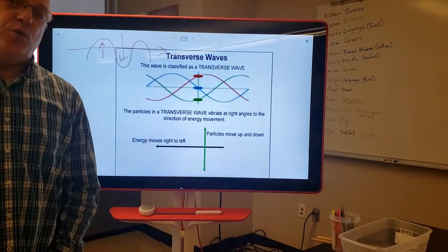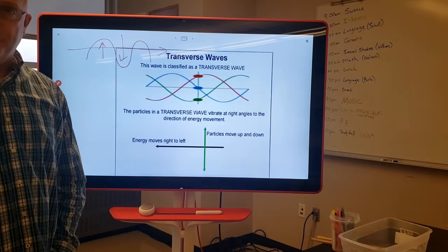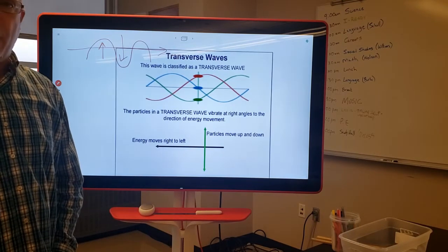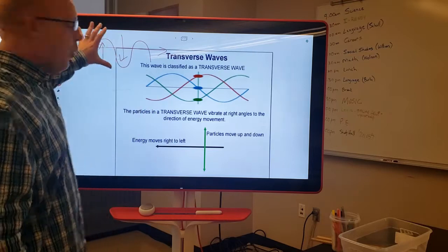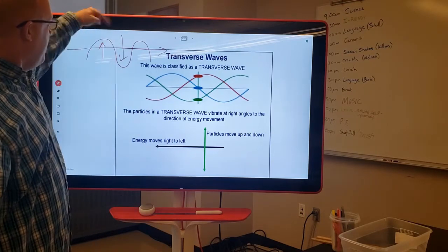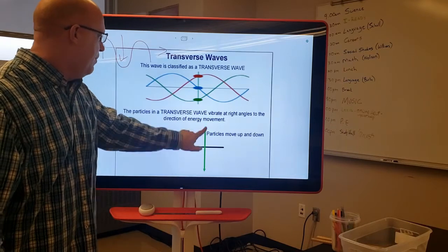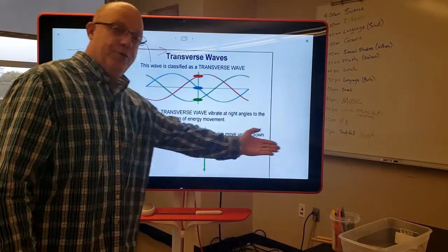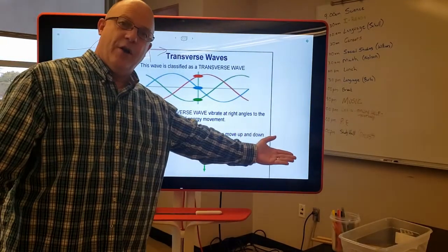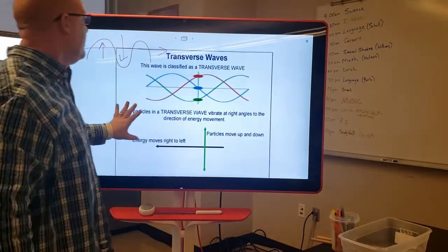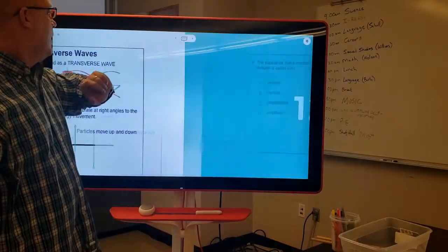That's a transverse wave. The other wave moves left and right, and the energy moves left and right. That's kind of obvious, but we're going to focus on this one. A wave goes up, a wave goes down, so you have the up and down motion of the wave, but the energy moves this way. All right? They're opposites of each other. They make an X.